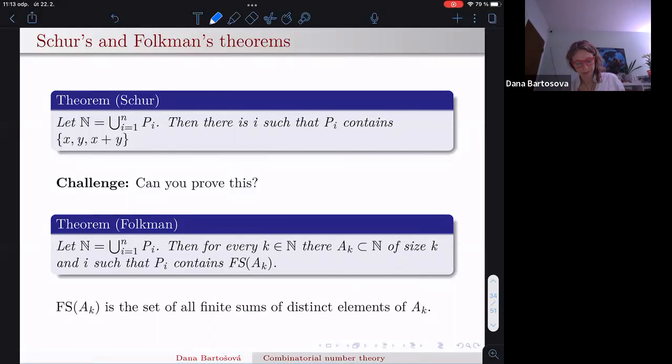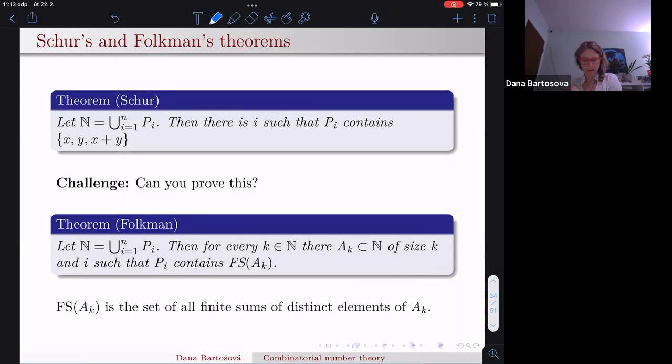Now there is a more impressive version, and that is that not only can you find this pattern of length 3, you can actually find, instead of just x, y, a finite set of size k, such that all finite sums of different elements are going to be in there.